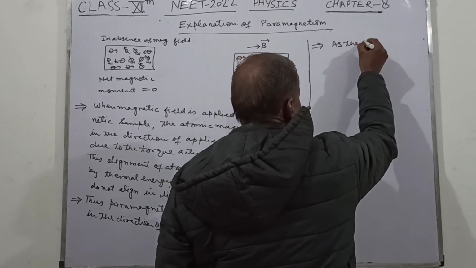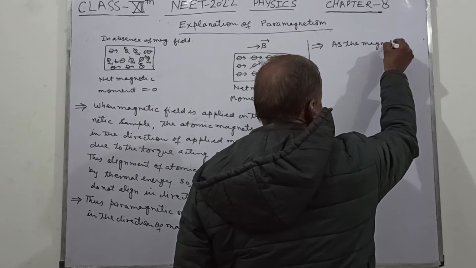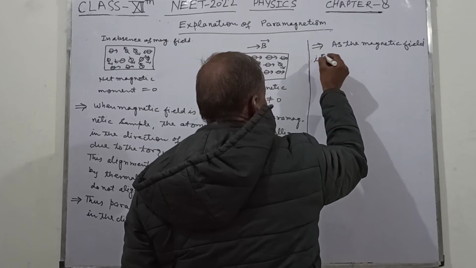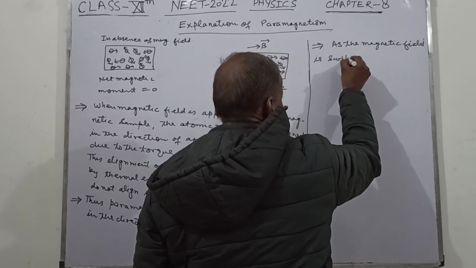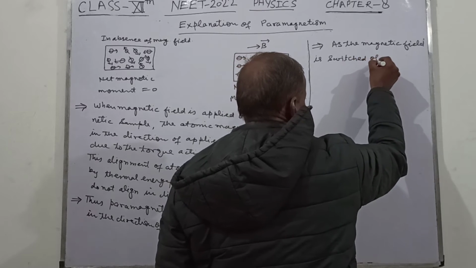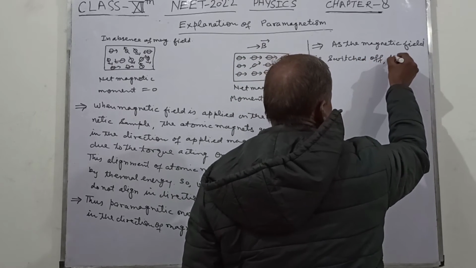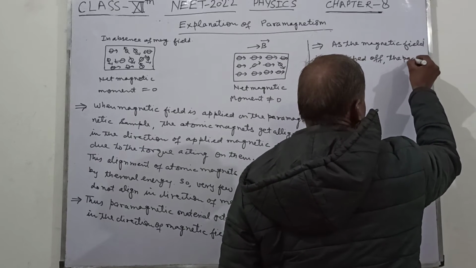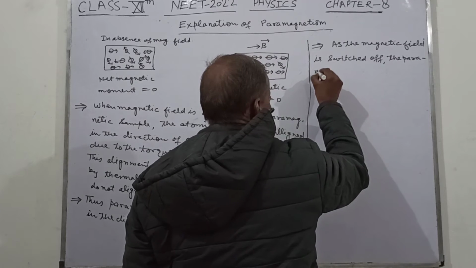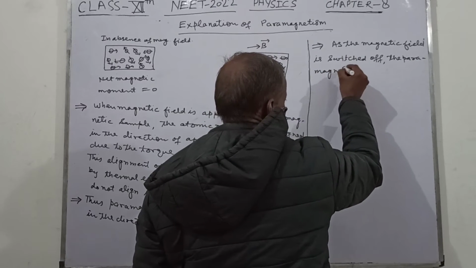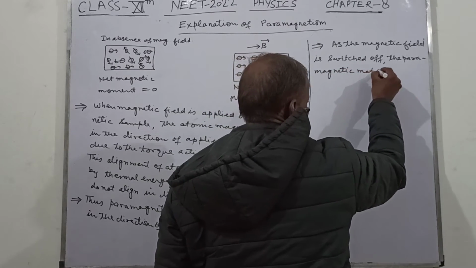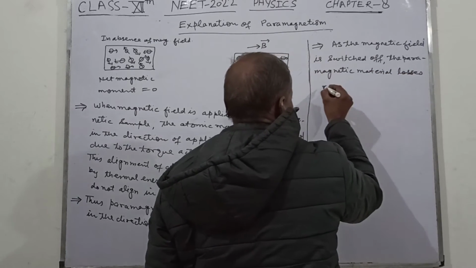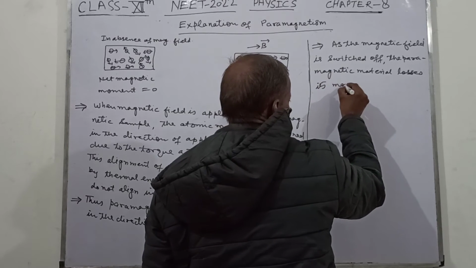As the magnetic field is switched off, the paramagnetic material loses its magnetism.